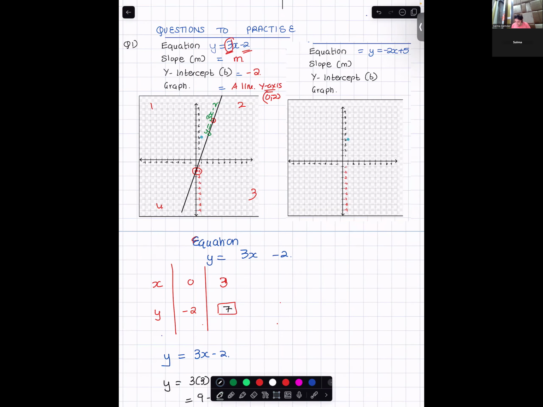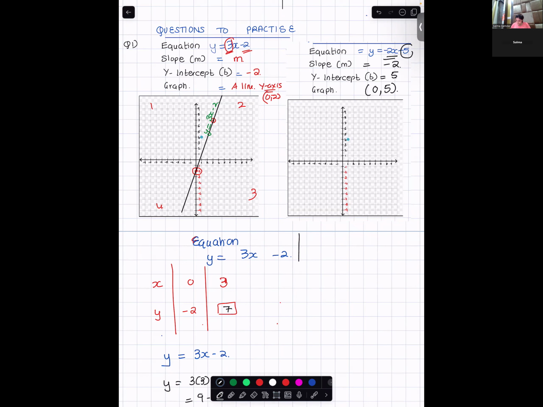So my slope is negative, that is, it is minus 2. The y-intercept will be 5. Negative slope, which will cross the y-axis at (0, 5).